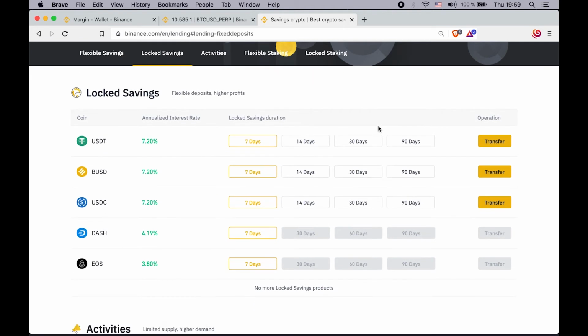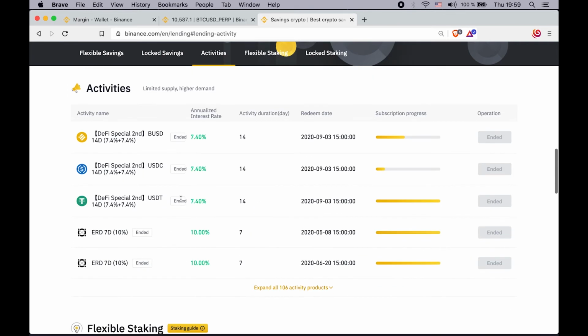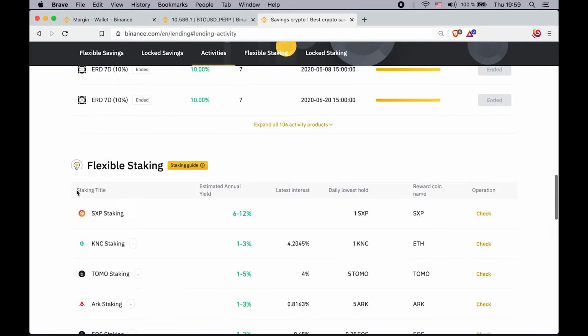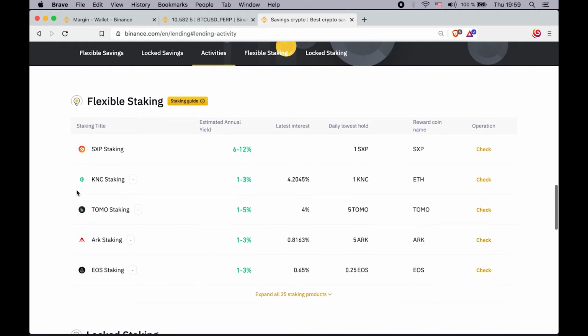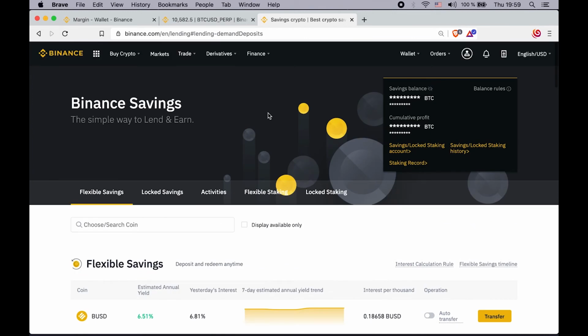So the exchange will give this money to margin traders and make some profit from it. This is very low risk. Also, you have the risk that the price of your cryptocurrency will fall more than this annual rate. But you can also lend your stablecoins, which are pretty much the same price every day. So this is very, very low risk.